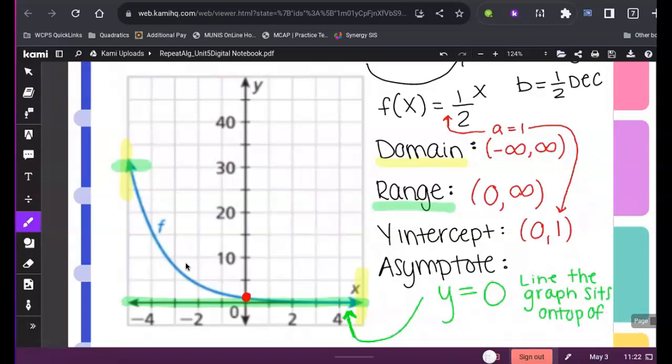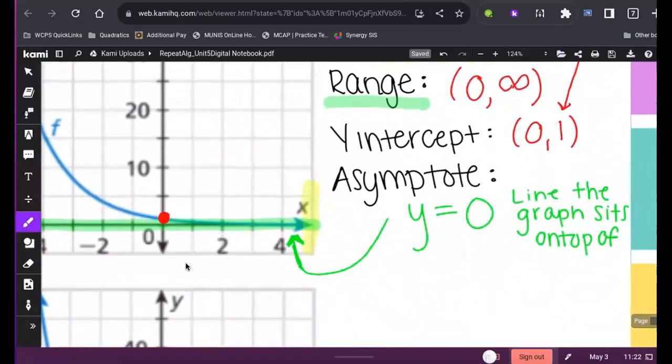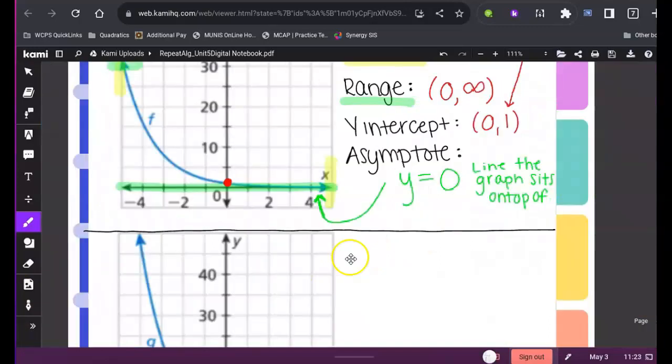So that's kind of the definition of an asymptote, the line that the graph sits on top of, which is that green line, which is the bottom of my graph. All right.